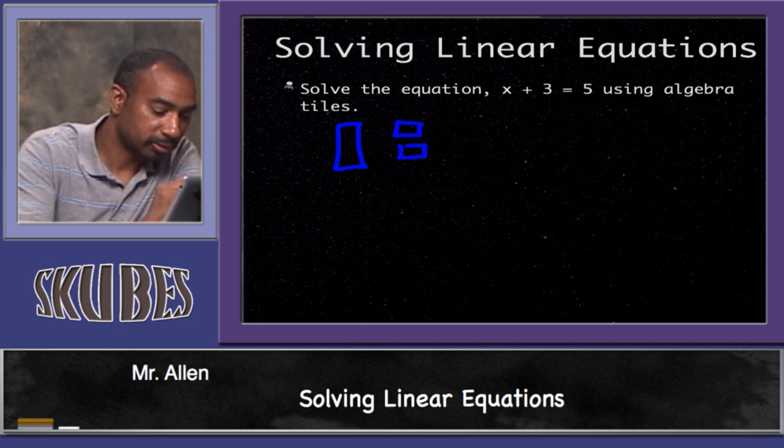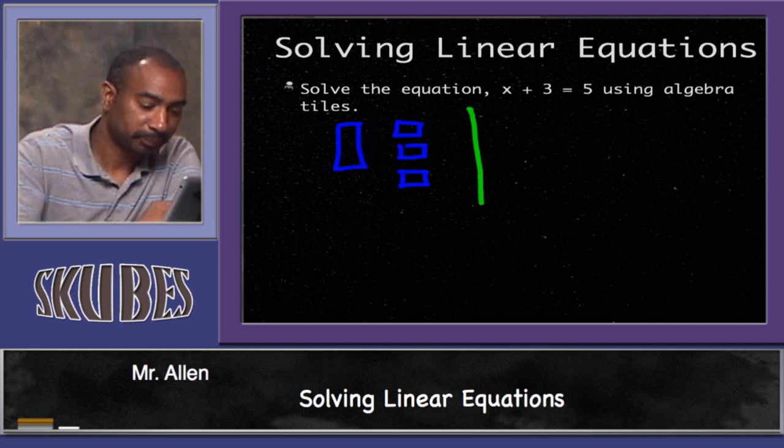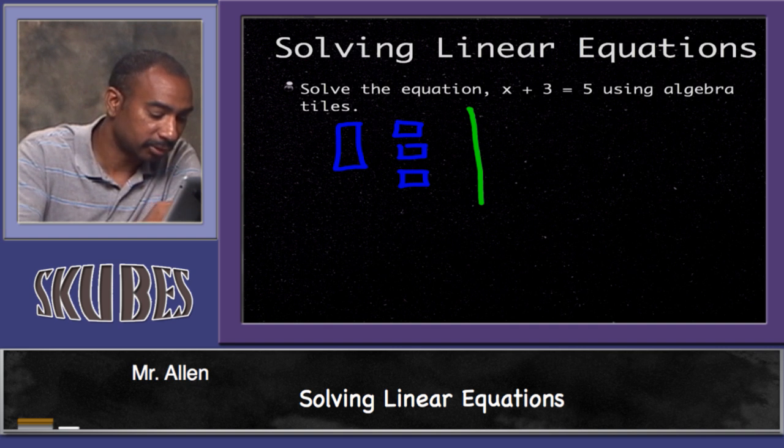So I'm going to write it like this. And let's say this is my equal sign, or my balancing scale. And then notice I have a positive 5 on the other side. So I'm going to put 5 of the positive ones here.